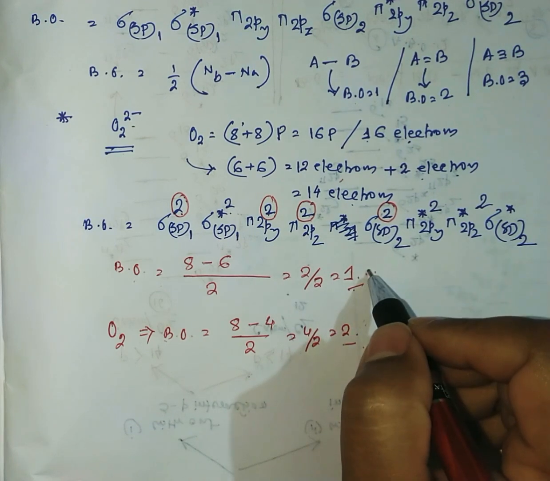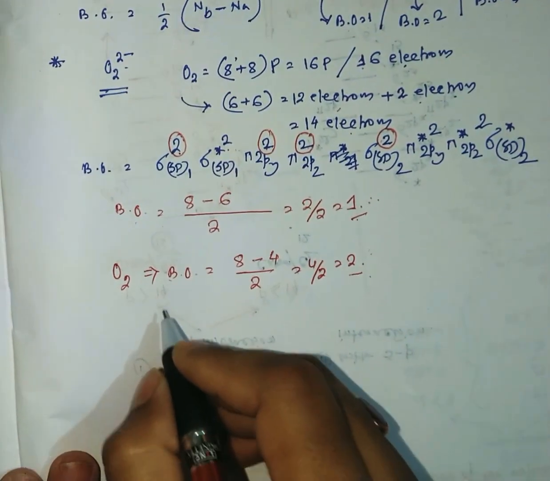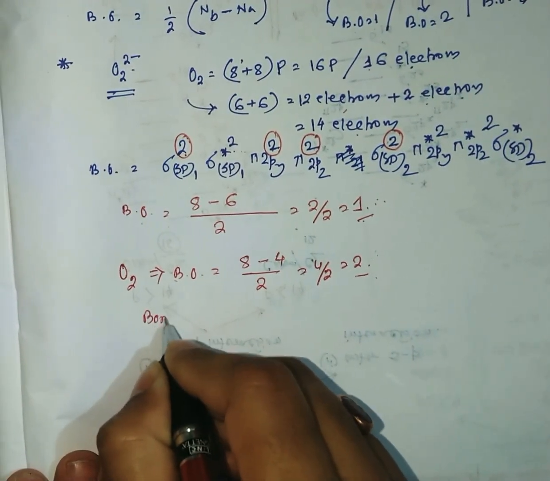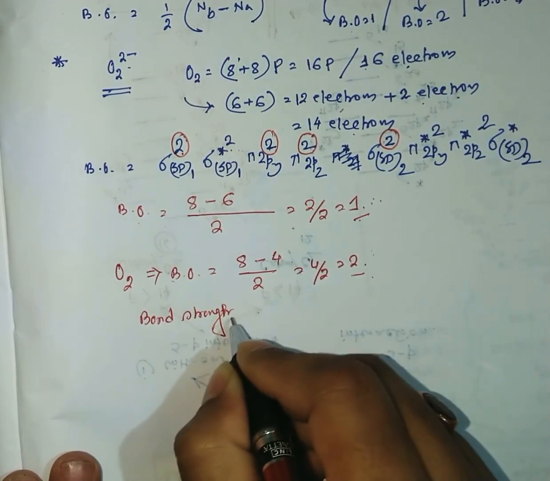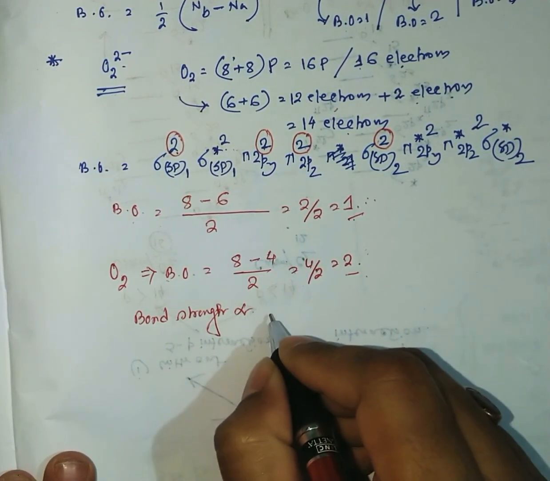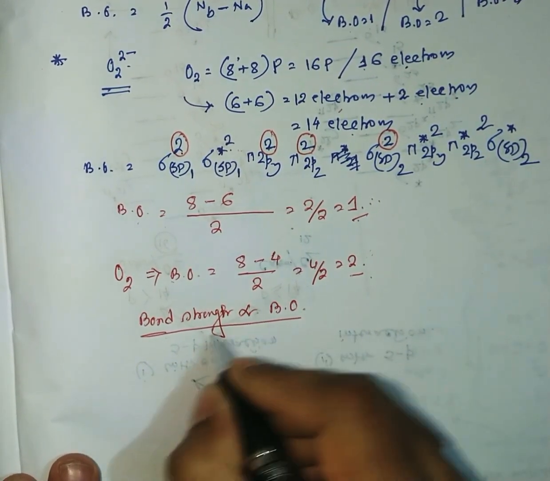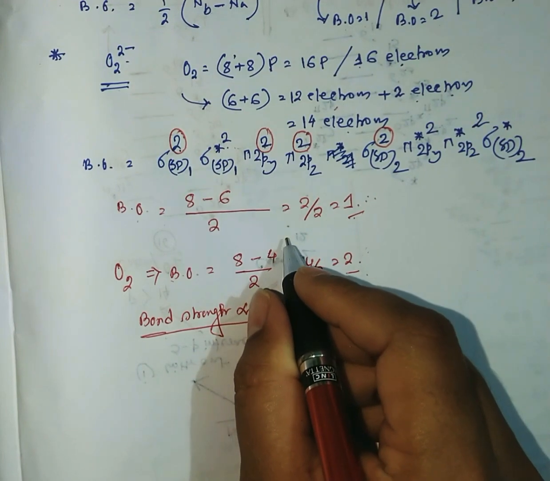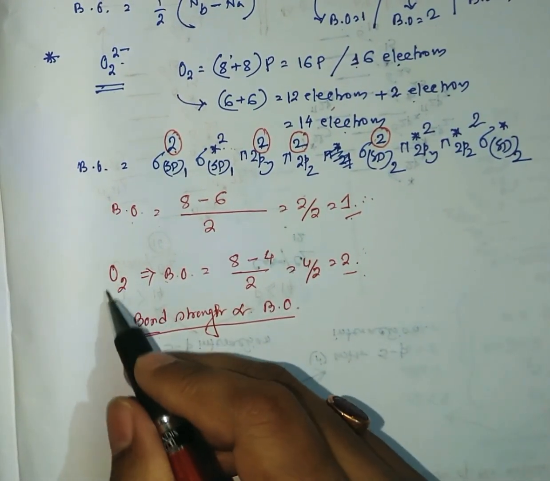So bond strength is directly proportional to bond order. So the bond strength of O2 2 minus is less than the bond strength of the normal oxygen molecule.